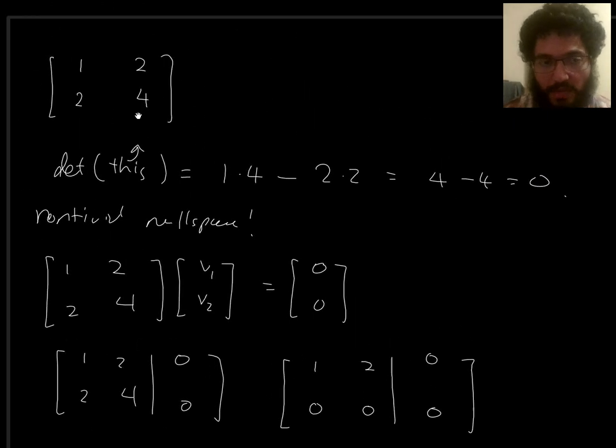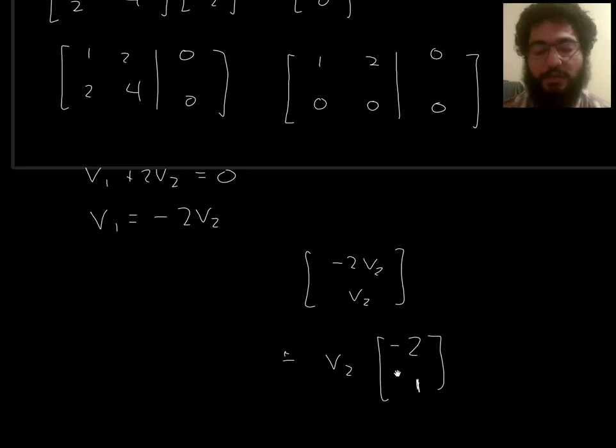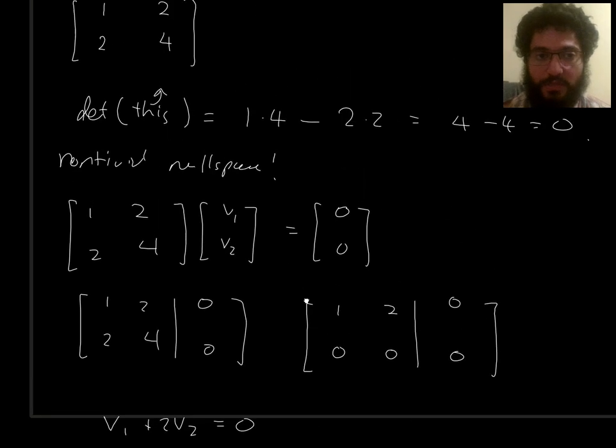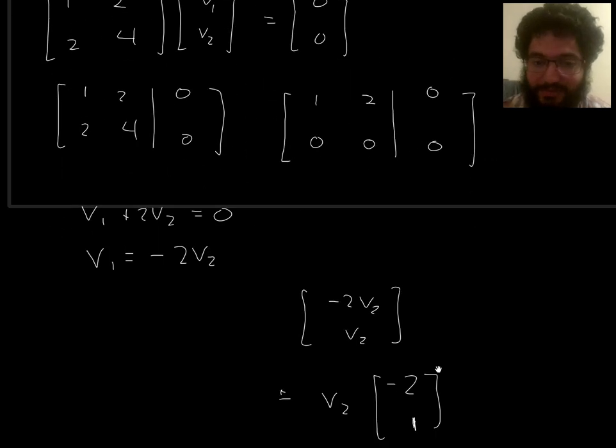So maybe a good way to understand what this matrix is doing is, instead of writing vectors in terms of their x and y components, or their (1, 0), (0, 1) basis representation, you might want to write vectors in terms of their component along this direction and then their component along some other direction. Since we know that this matrix will just kill the component of vectors along this direction.